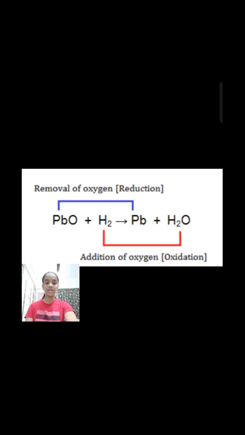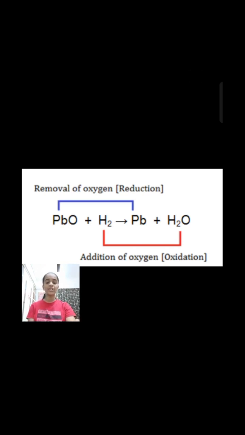In this reaction, hydrogen is the reducing agent and lead oxide is the oxidizing agent because it gives oxygen. Lead oxide is reduced to lead and hydrogen is oxidized to form water.